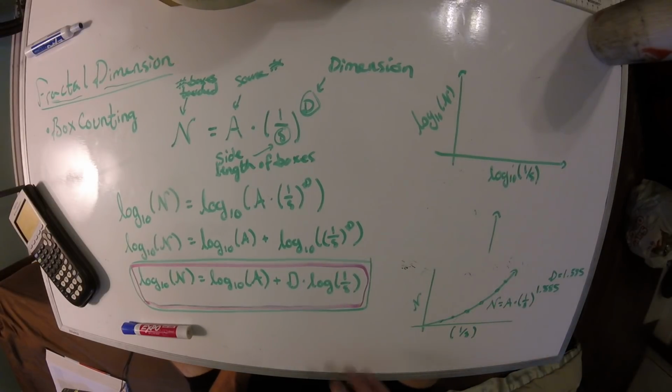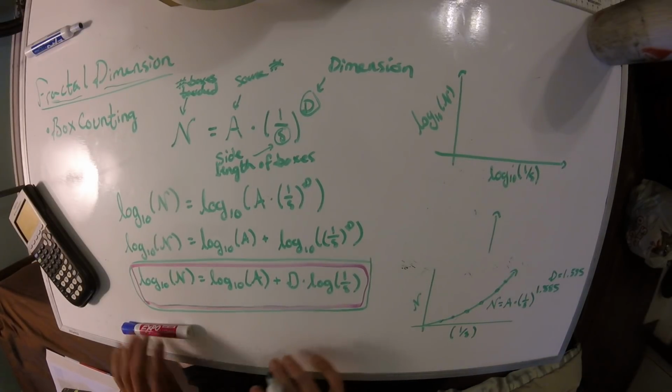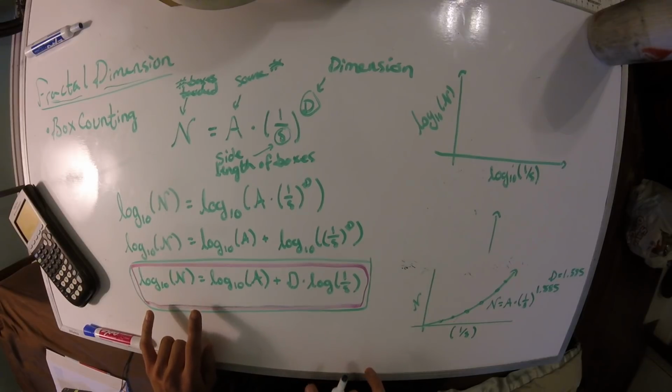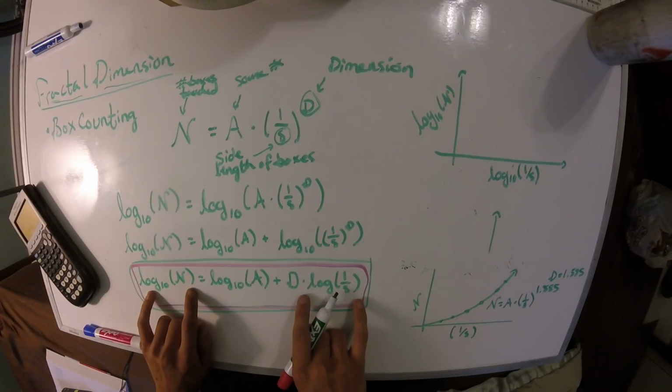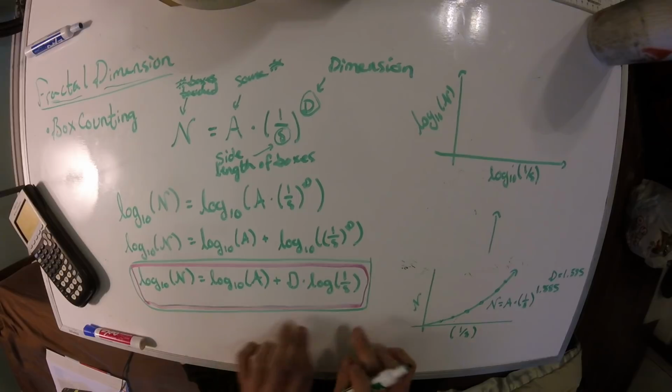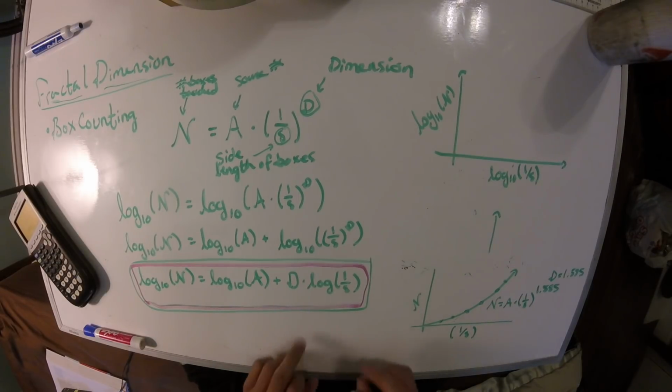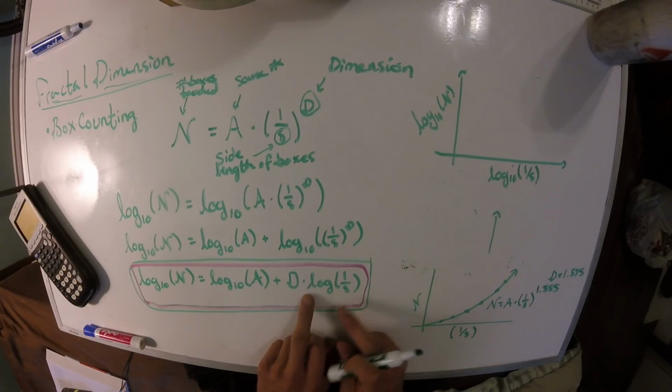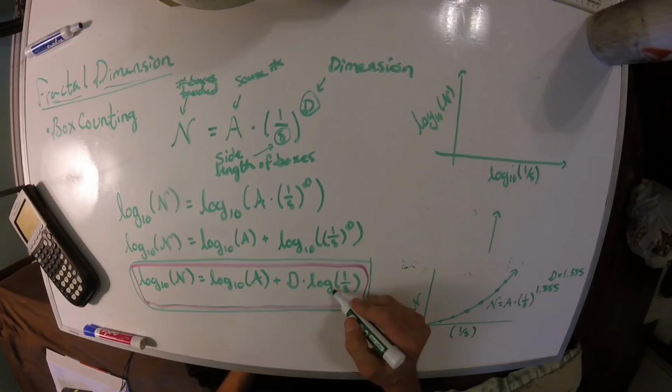And so what happens here is that if we consider each of these to be our variables, our input variable is this whole thing, log 1 over s. Should have a base 10 there.